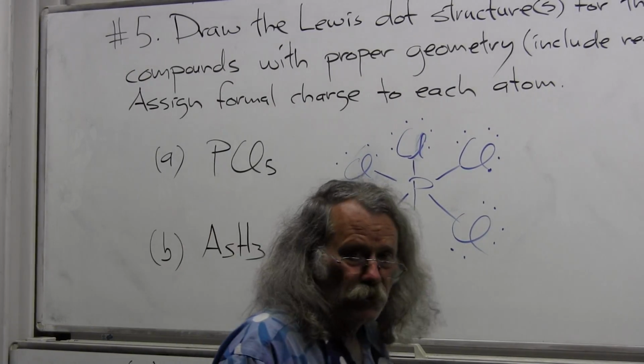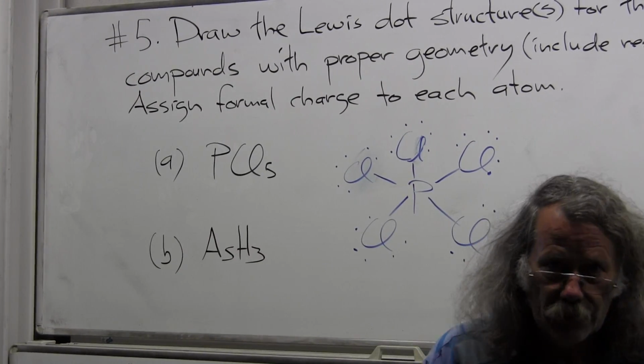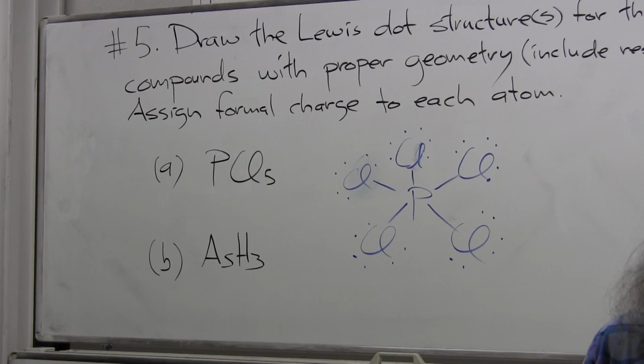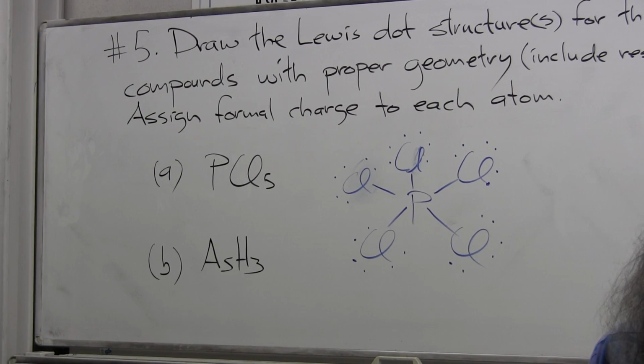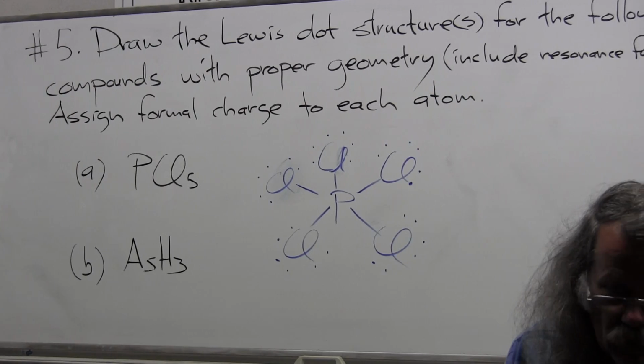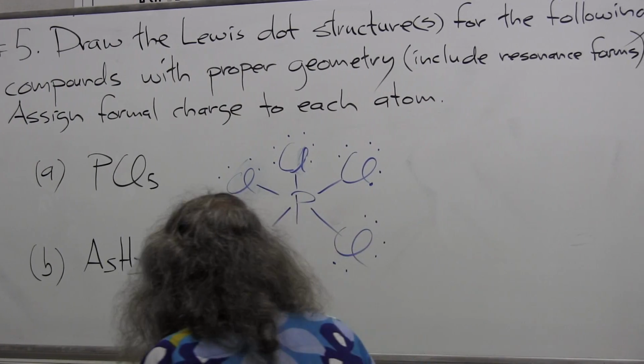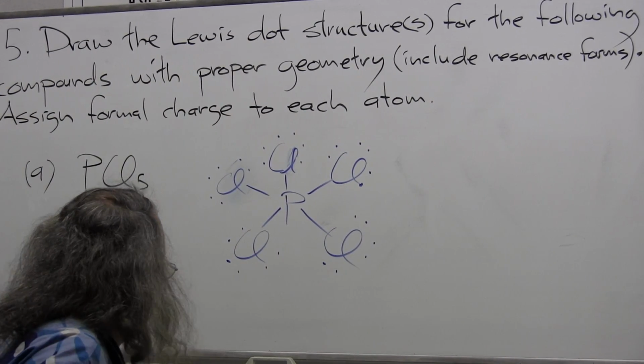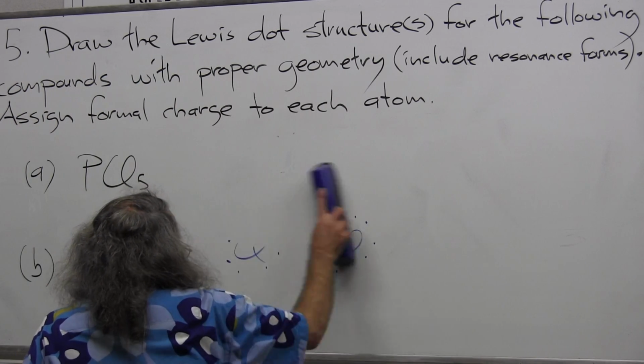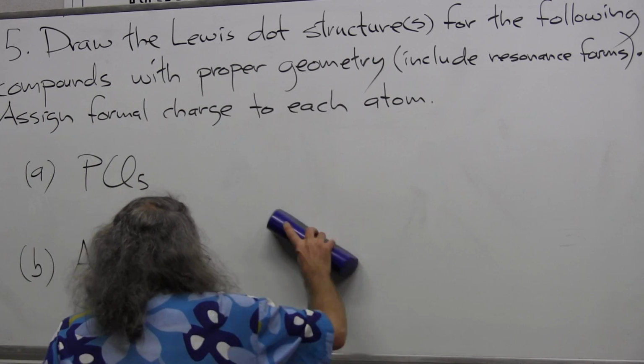Therefore, the electron pair geometry is going to be the same as the molecular geometry. So I'm going to end up with the trigonal bipyramidal molecular geometry. So now I can redraw the molecule with the proper geometry.